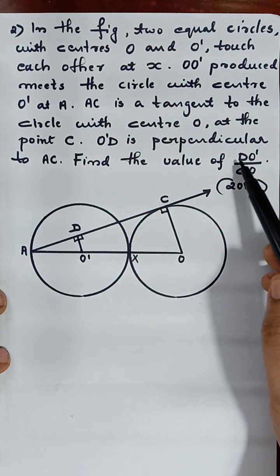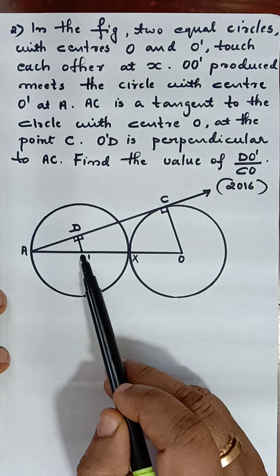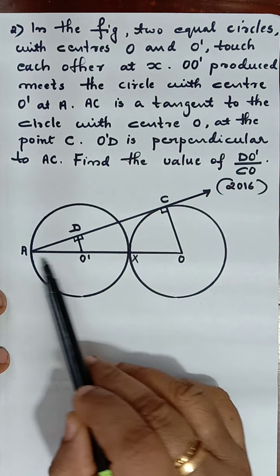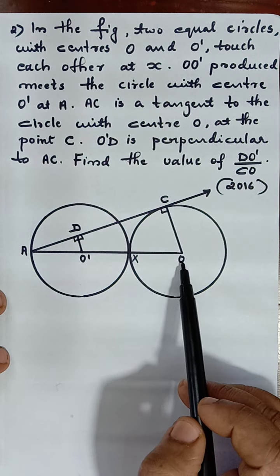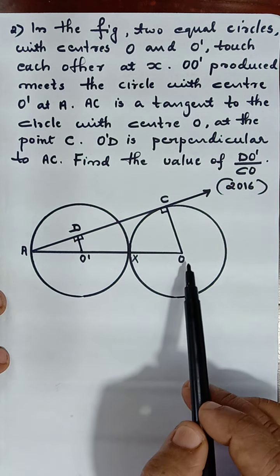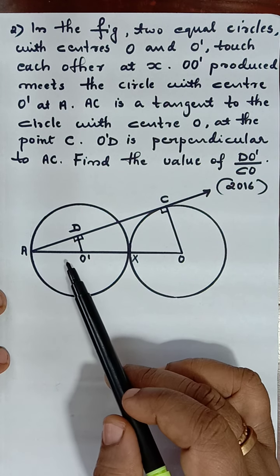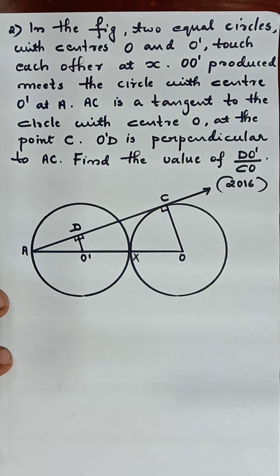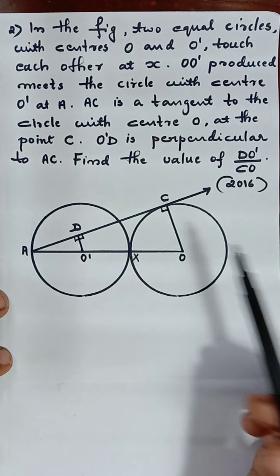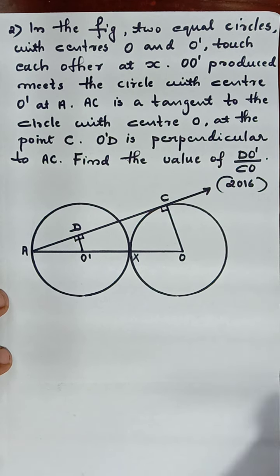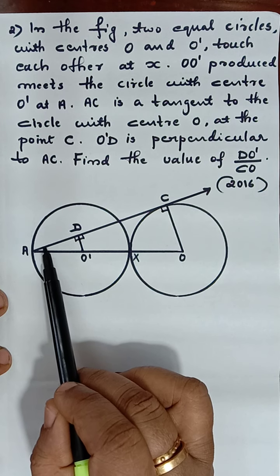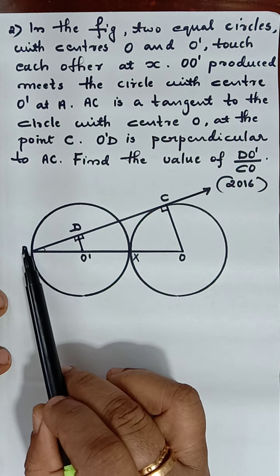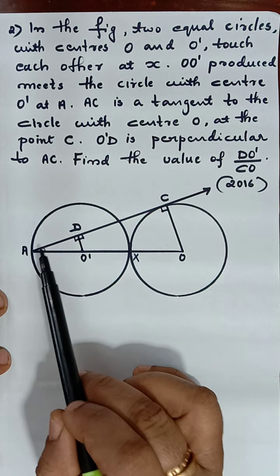Now to get DO dash by CO: DO dash is a part of triangle ADO dash, and CO is a part of triangle ACO. Let us think what type of triangles they are. By seeing we will understand that they are similar triangles. With similarity, angle A is common for triangle ADO dash as well as ACO.